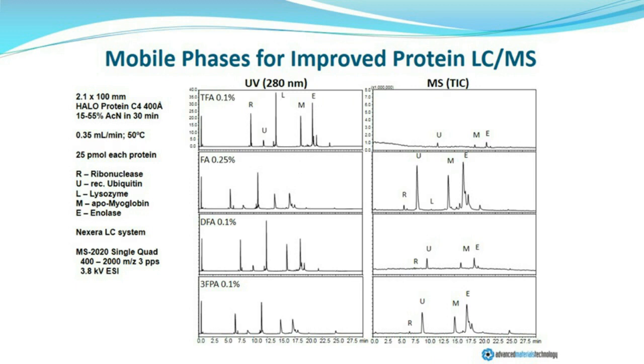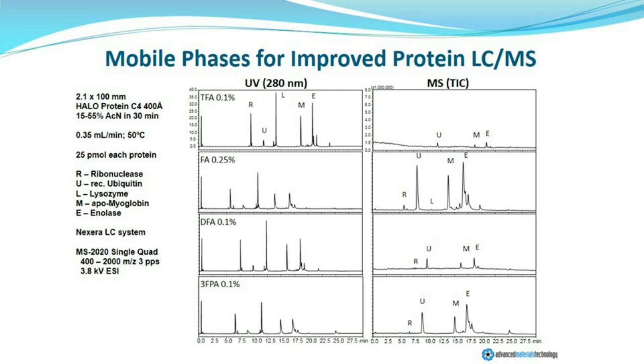Formic acid, we actually increased the concentration to a little bit over 50 millimolar, 0.25% formic acid, because 0.1% formic acid generically for protein chromatography looks quite bad.